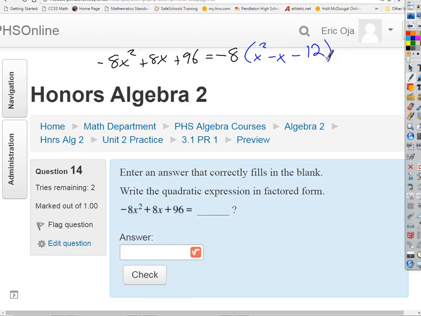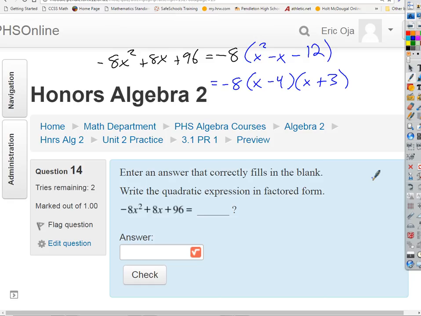Okay, are we done? No, not quite, because now we've got a simple trinomial to break apart. So what's this equal to? Well, I've got my negative 8 out front. That's a factor. That counts, right? If we want to factor this completely, we need to include that. And then what does x squared minus x minus 12 factor into? Well, let's look for magic numbers that multiply to negative 12 and add to negative 1: negative 4, positive 3.